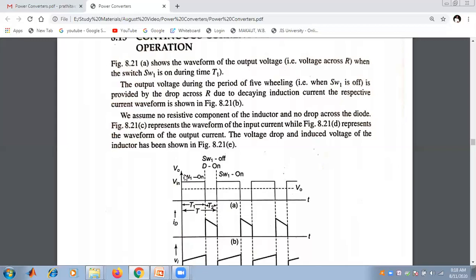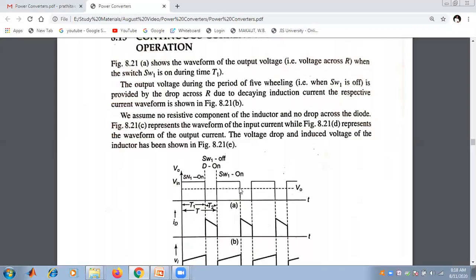Now, this is the output voltage. The output voltage during freewheeling, when the switch SW1 is off, is known to us. It is provided by the drop across the load resistance R due to the decaying inductor current.